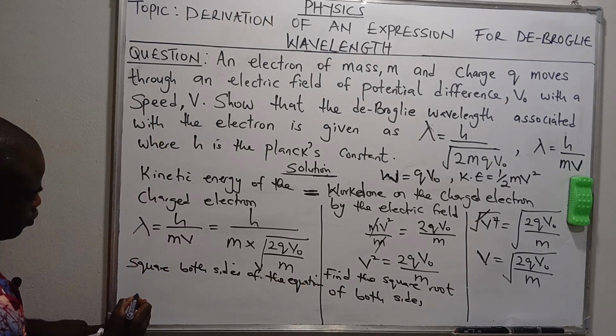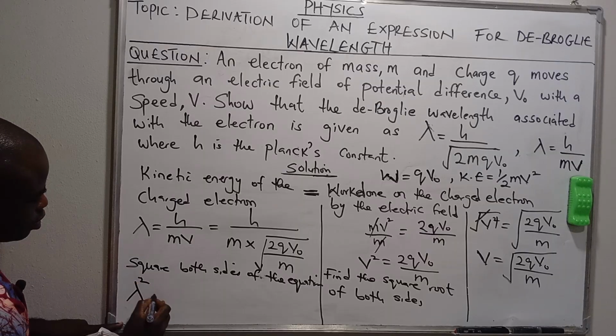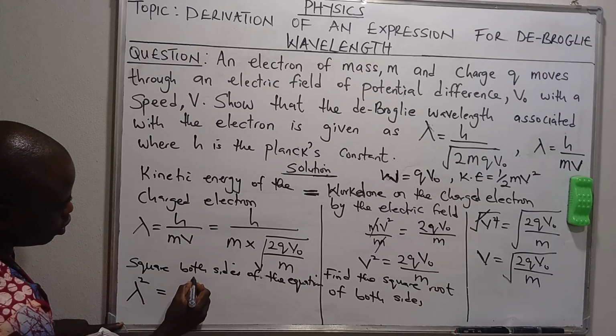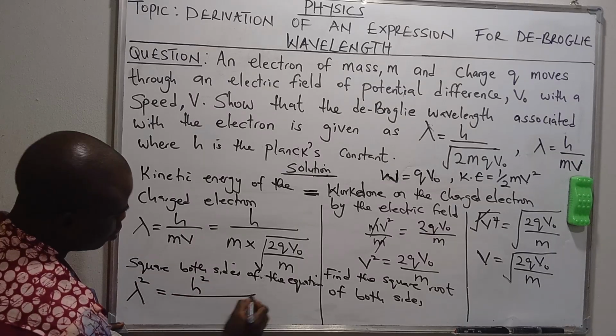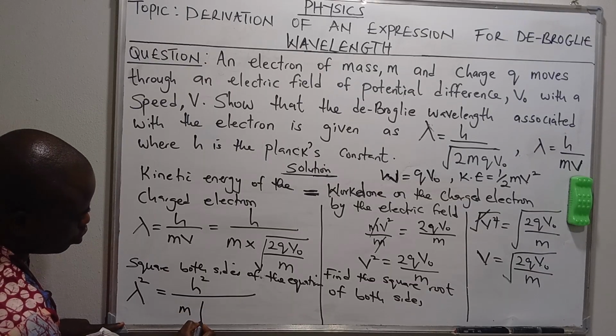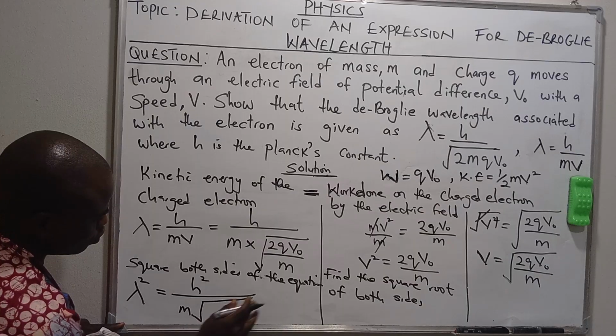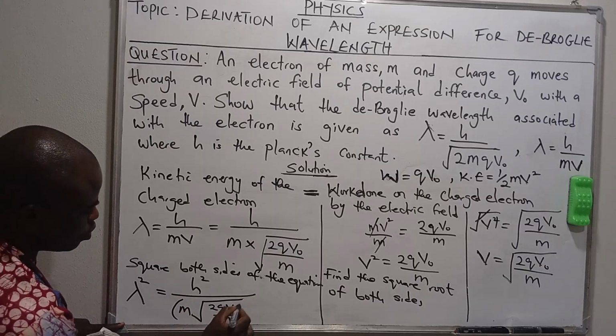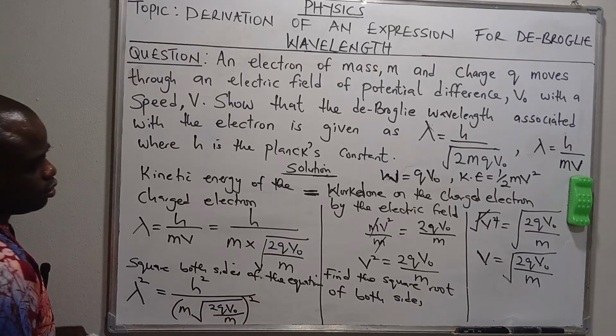When you do that, you now have wavelength squared equals h squared over m squared times 2qV naught over m. All these ones also will be squared.